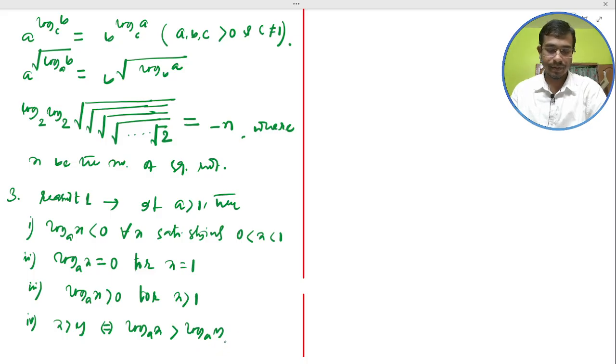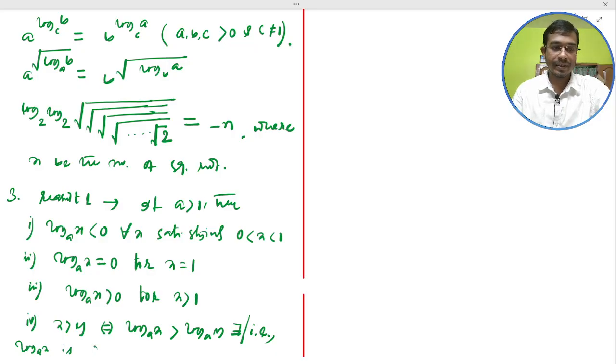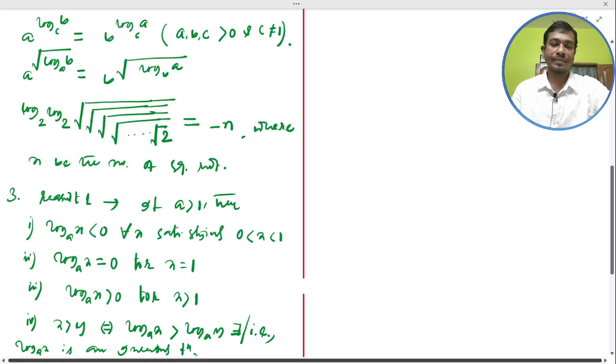Very important. Log x is an increasing function.